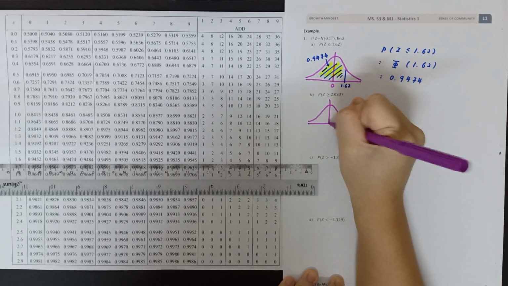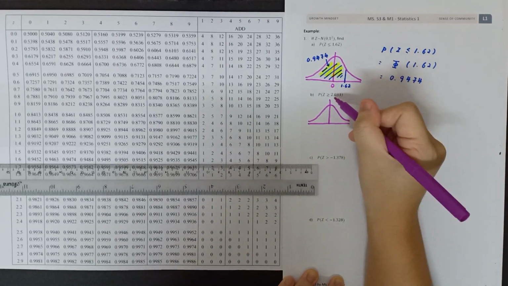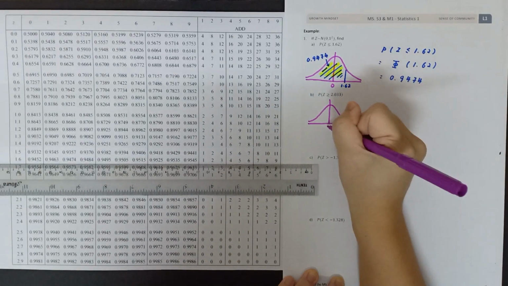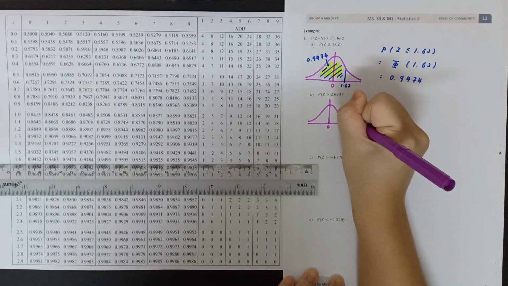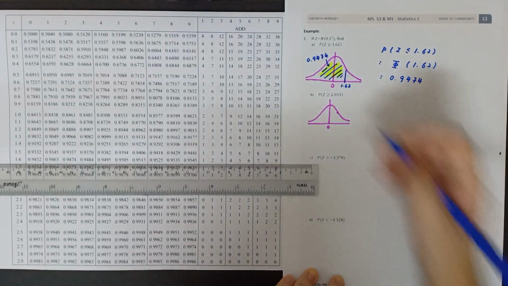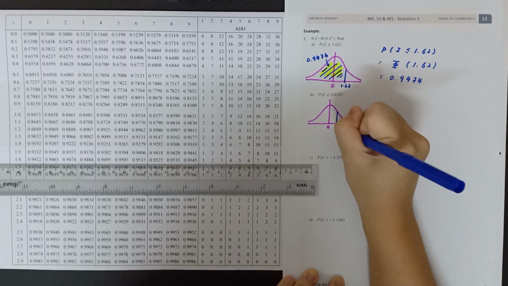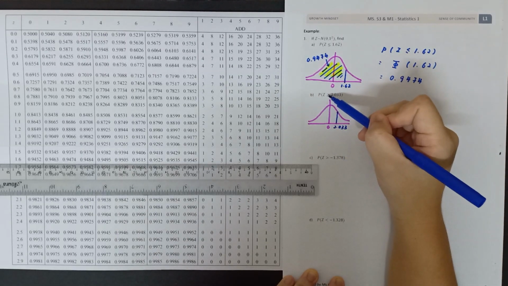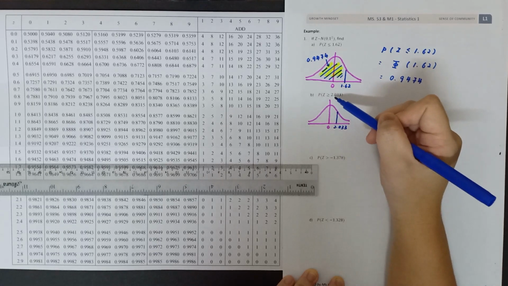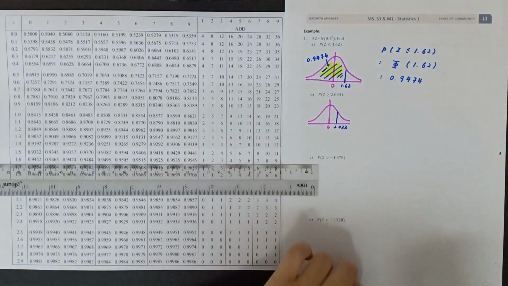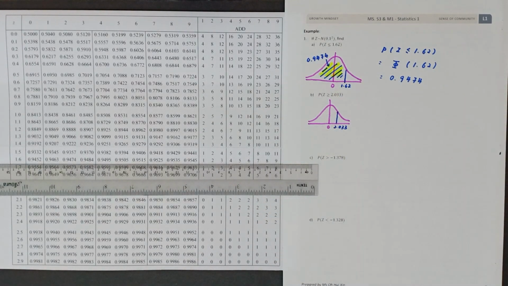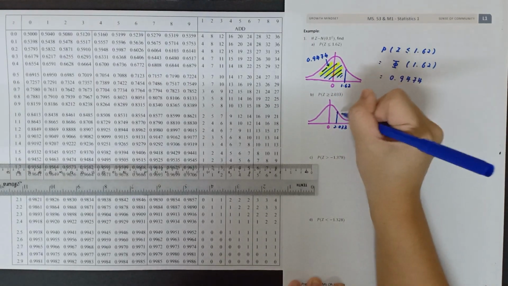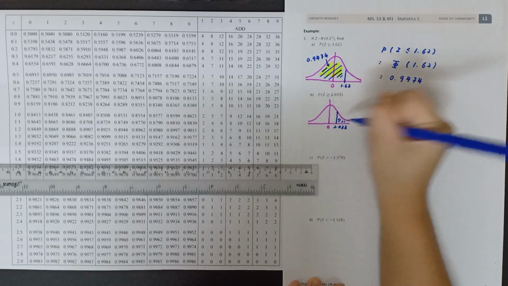Same thing. 2.033 is going to be on the right hand side also, right? So put it anywhere. Now, is the random variable greater or equal to 2.033? Are you still going to shade it on your left hand side? No, you can't, because this is greater than. So now it becomes here.